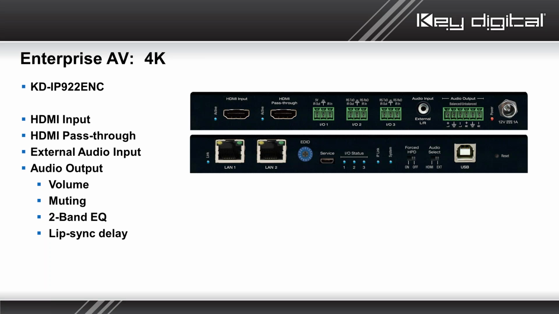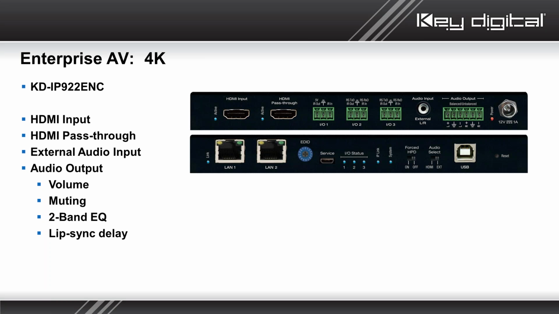So whether it's the HDMI video plus audio, or HDMI plus the external audio, whatever's been selected, that audio is coming out on the balanced or unbalanced output, and you do have DSP, so it handles all of the preamp functions for you. You have your volume control, variable level or just discrete up and down. You have muting control, EQ of your bass and treble, and lip sync delay.